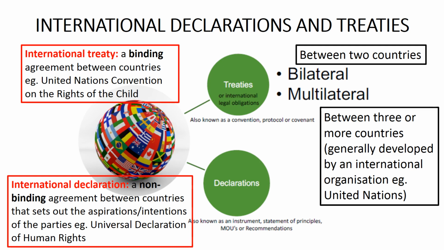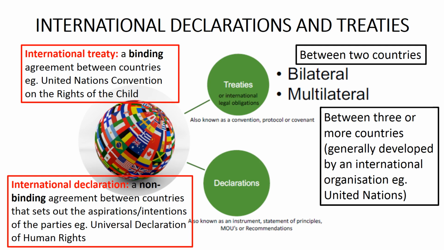That means that where countries sign an international treaty, they must comply with the obligations that are imposed on them under that international treaty. An example of an international treaty is the United Nations Convention on the Rights of the Child. Other names for treaties are conventions, protocols, and covenants.